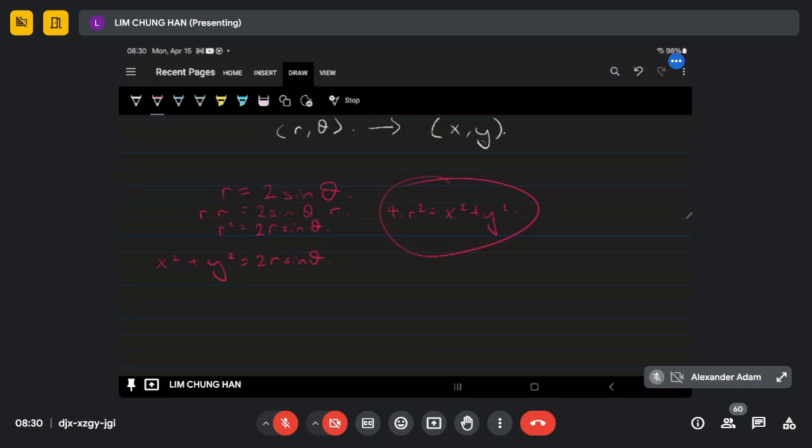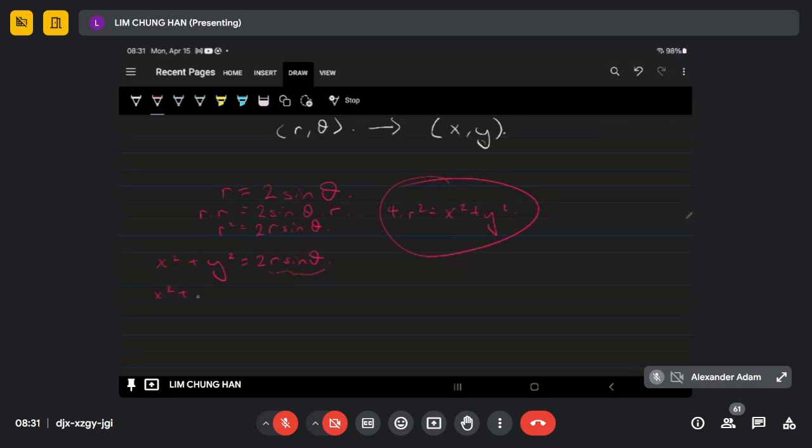The left hand side is already x and y. It's only on the right hand side that we still have r and sine theta. What other equation can we use? Go back to the four equations. r sine theta is what?